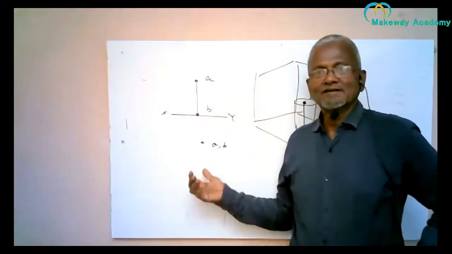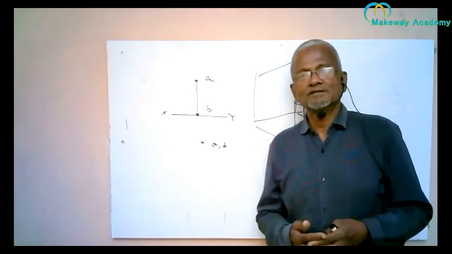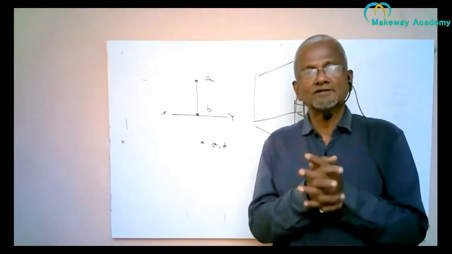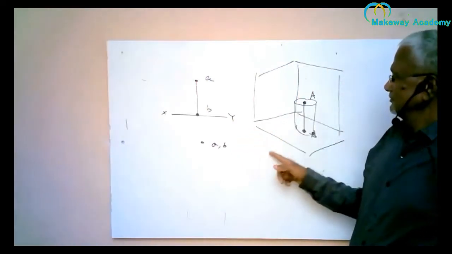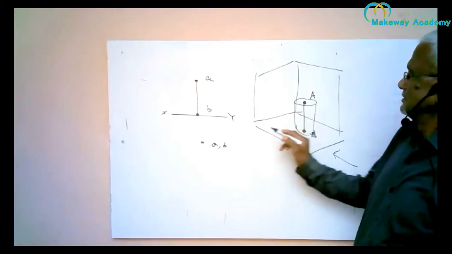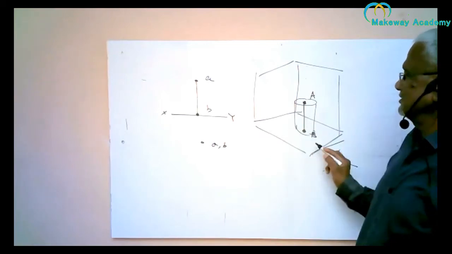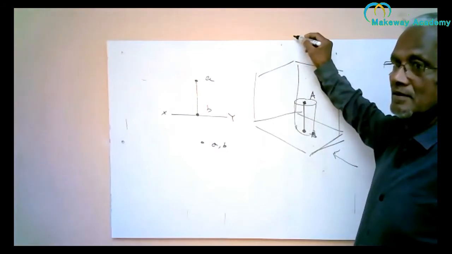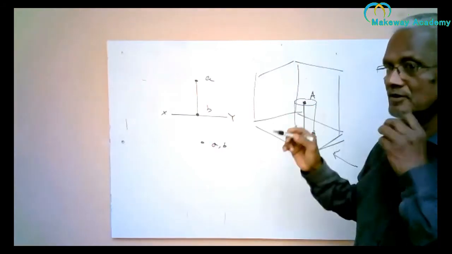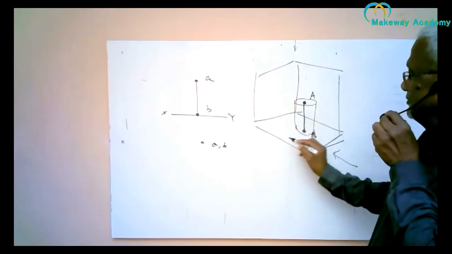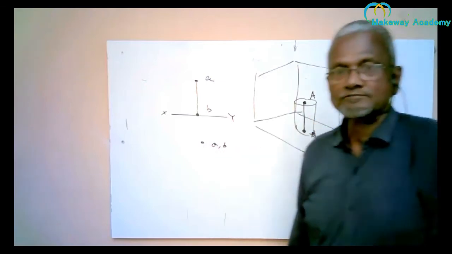So what is the reference line? I told you in the beginning, in engineering drawing we use imaginary planes, horizontal and vertical. When you view it from here, supposing this is the front view, this horizontal plane will be viewed as a straight line. When you view it from the top, this line will be viewed as a point.